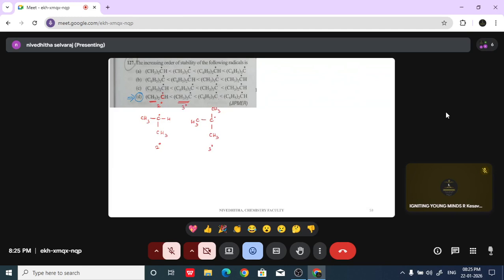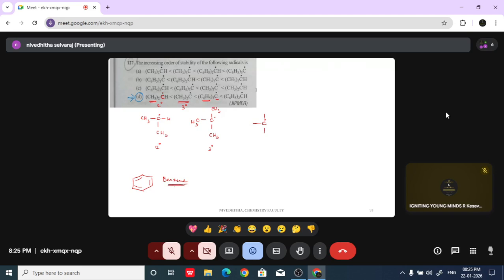Now, this is the carbon with one electron and it is connected with three C6H5 groups. We have to know what that C6H5 is. What compound is this? It is benzene, right?